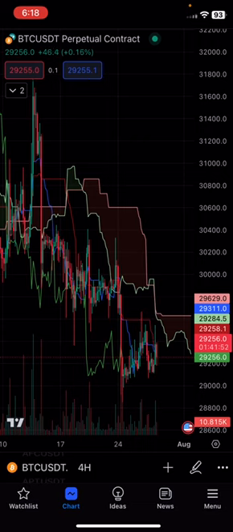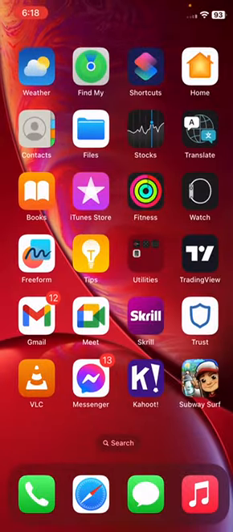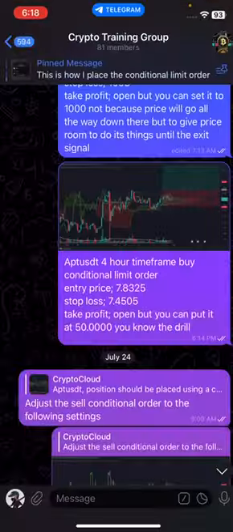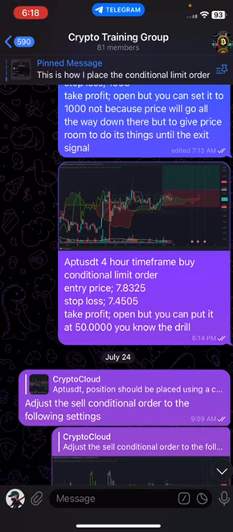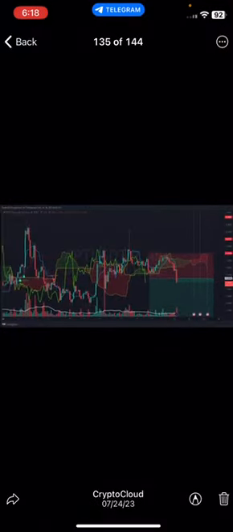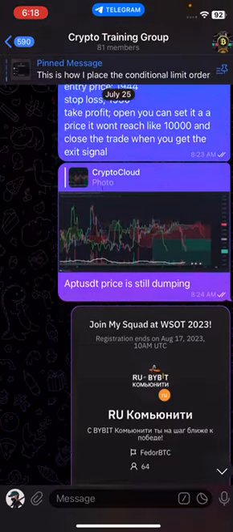And of course, when I get a signal to exit, I'll post it in the group. So yeah, but as you can see, the APT USDT, the sell limit order, I still haven't gotten the exit signal, so I'm still in the trade.